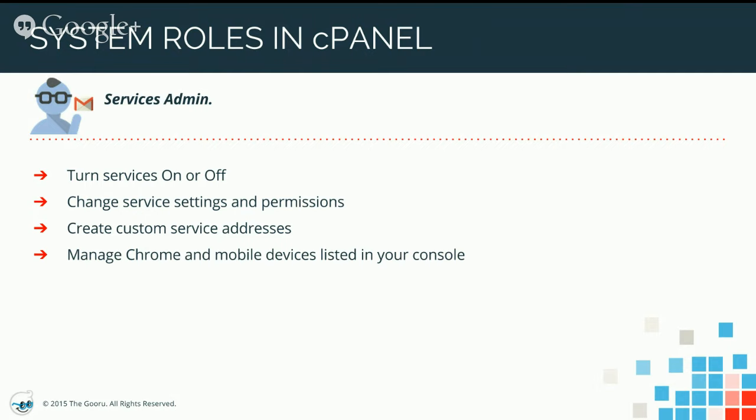You can also change service settings and permissions, you can create custom service addresses, and you can manage the Chrome and mobile devices. Now, changing service settings might be required if you wanted to add an email address or a domain to a blacklist, a whitelist, or a spam list. And I would consider that more of a second to third line role, or even something you might want to reserve as a super admin task.